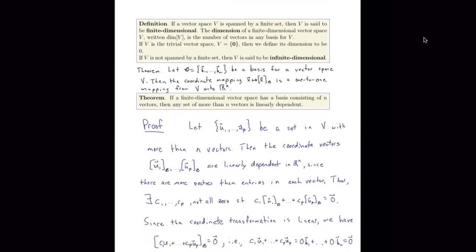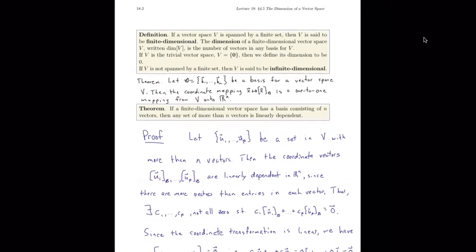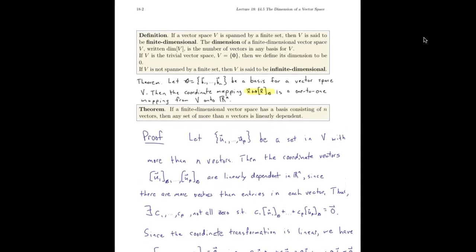Right, so we remember that changing from a given basis, making our coordinate mapping for the x for the b coordinates of any given vectors u1 through up is a one-to-one mapping onto Rn.